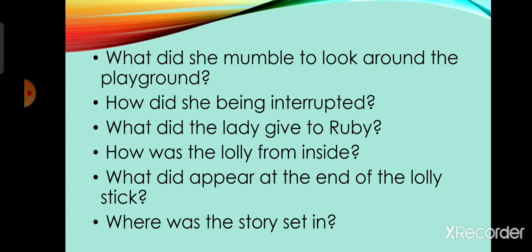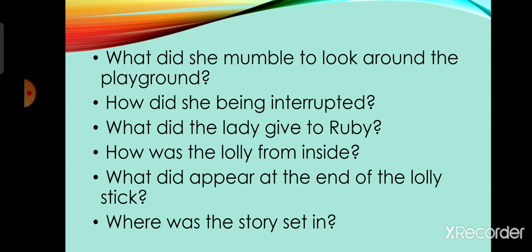She was interrupted by the tinkle of an ice cream van that was right next to her. Do you know what the lady gave to Ruby? Yes, the lady was driving the ice cream van. That's right. She gave her an ice lolly.